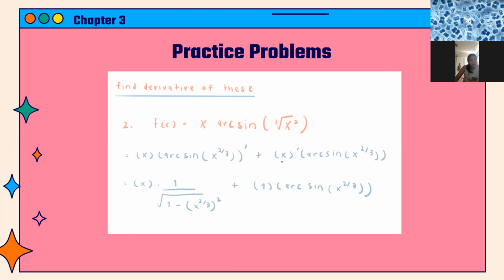I understand that part, but usually he would write it exactly the way you did, but in the first part he would take the derivative of the second thing, and then he would flip this second part, so it'd be arc sine x to the 2/3 times x, so that you could take the derivative of x. The thing is, the result is gonna be the same, right? It doesn't matter.